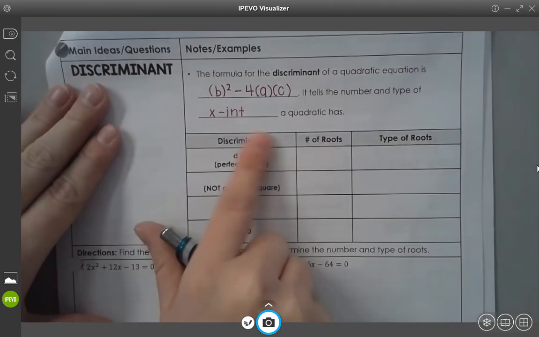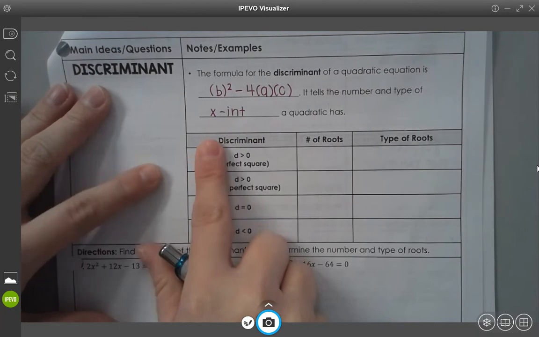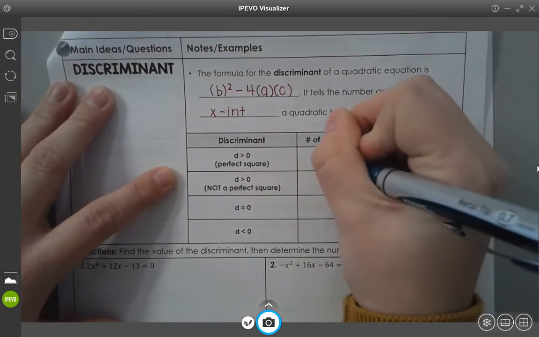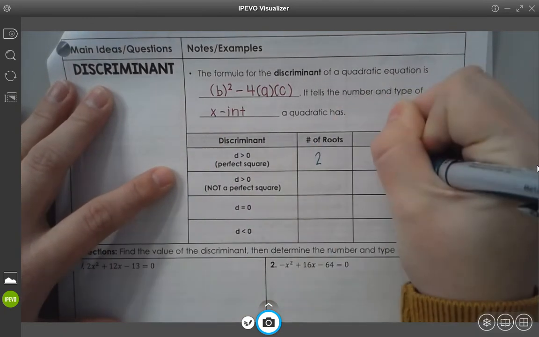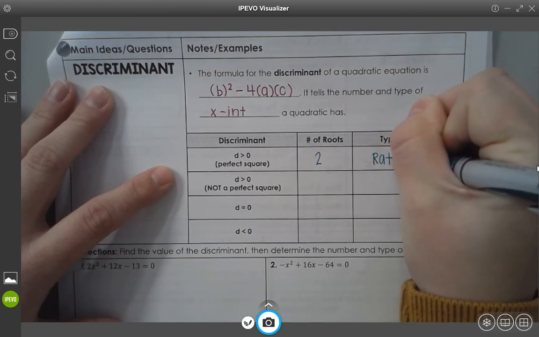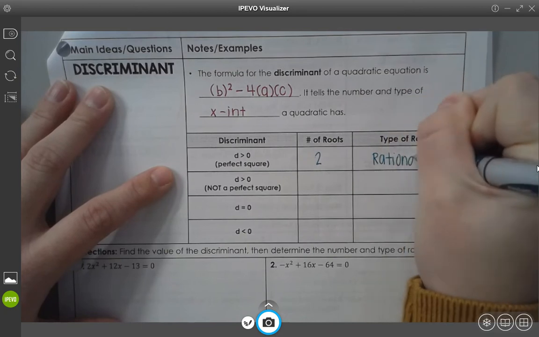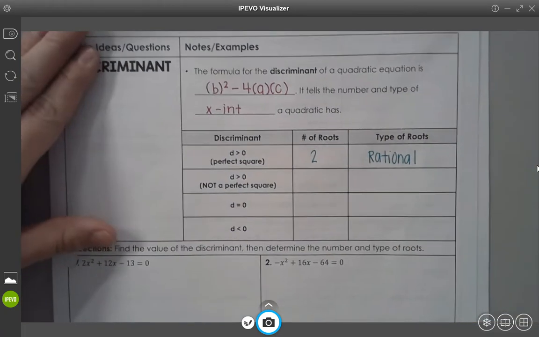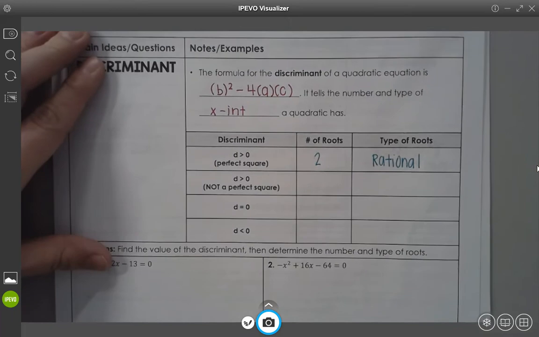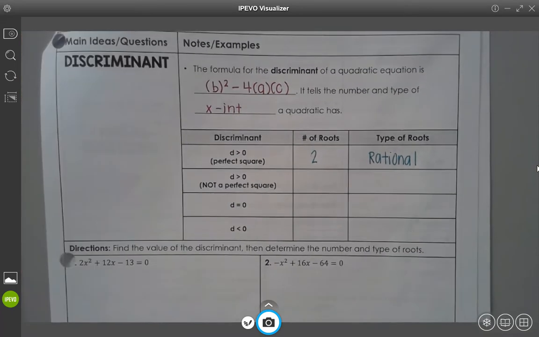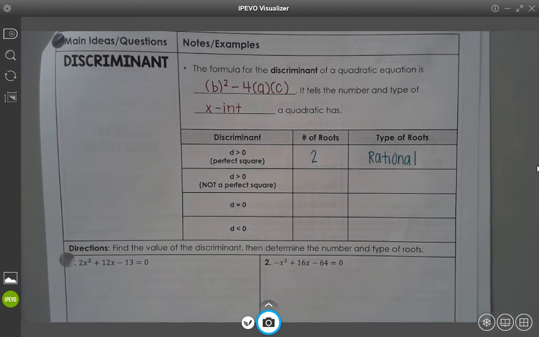If it's a perfect square and it's bigger than 0, it has 2 rational. The word rational means it's a nice whole number or a fraction. That's a rational number.